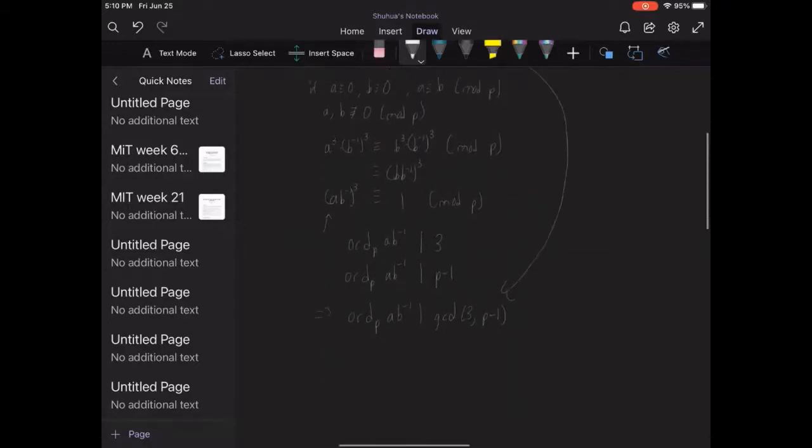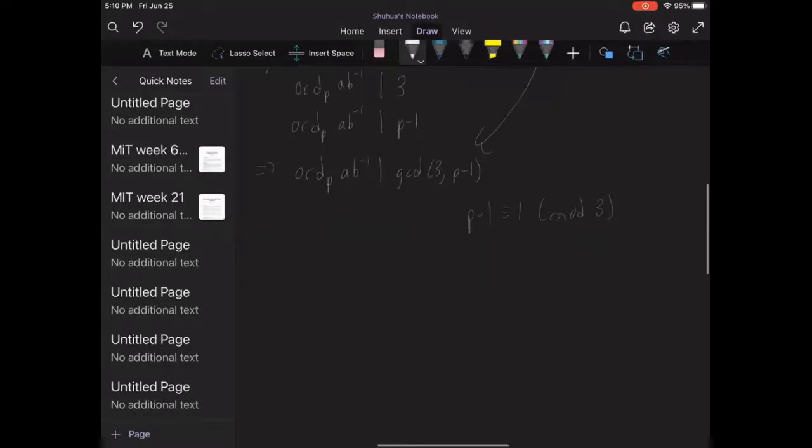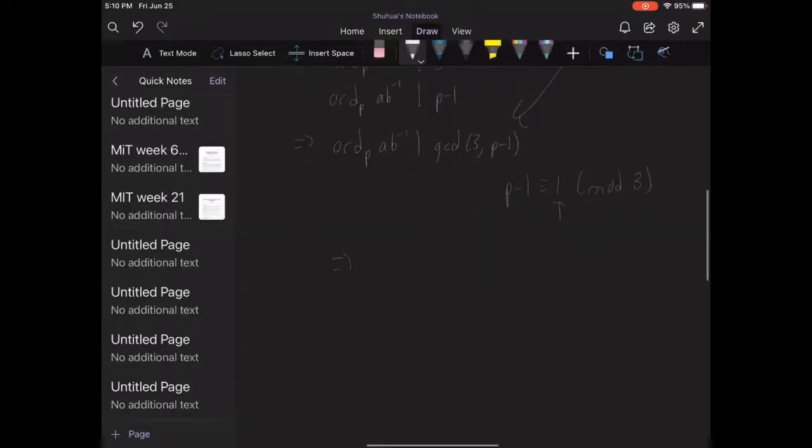Since P is congruent to 2 mod 3, P minus 1 is congruent to 1 mod 3. So in particular, P minus 1 and 3 are relatively prime, since this isn't 0, and 3 is also prime. So the order mod P of A times B inverse divides 1, and that means it can only be 1, since 1 is the only factor of 1.